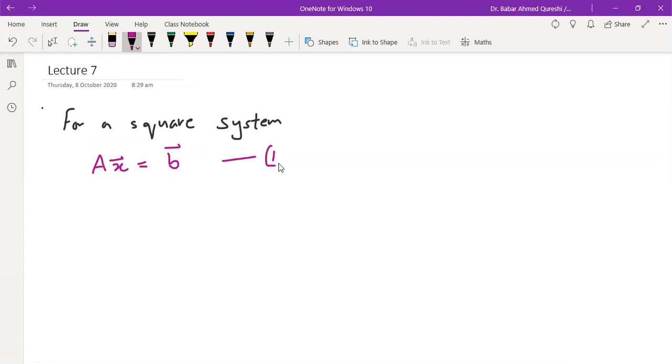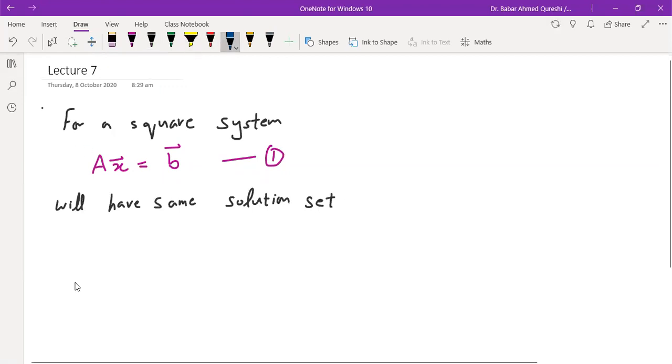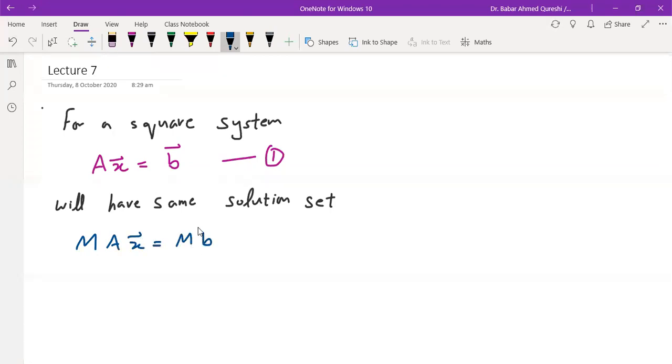So this system, let's call this matrix equation 1, will have the same solution set if I multiply this system on the left by some other matrix, so this one, number 1 and number 2, will have the same solution set.